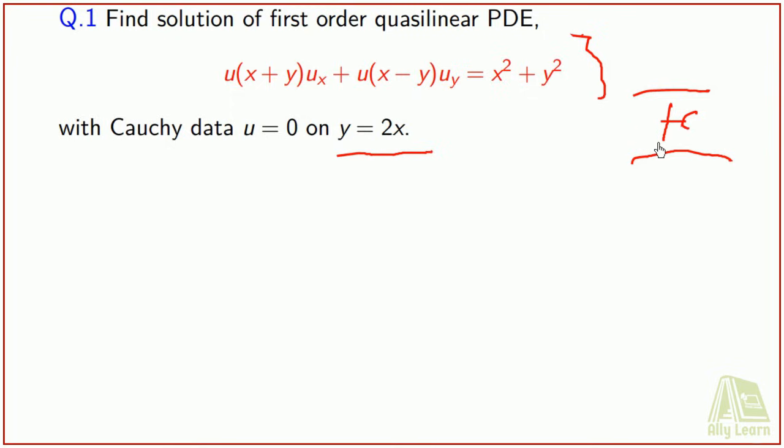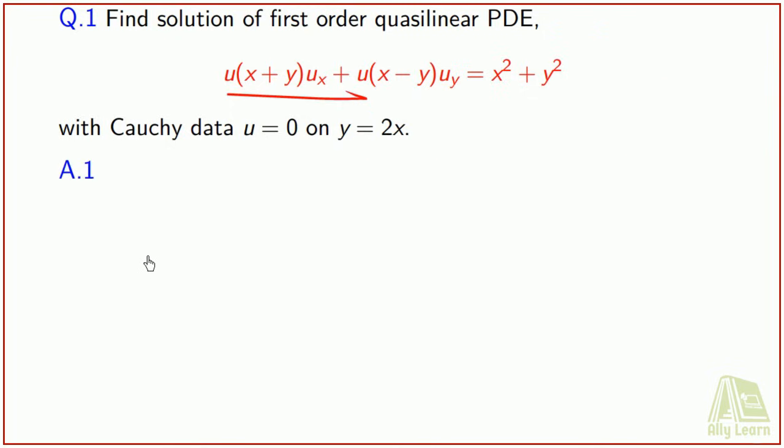Okay friends, so now let's start with the solution. First of all, we have to find the general solution of that first order quasi-linear PDE, and the general solution we find by the Lagrange's method. So friends, this question we have also done in our previous lectures.